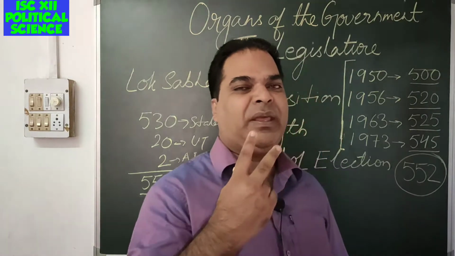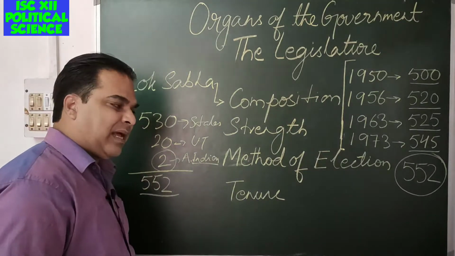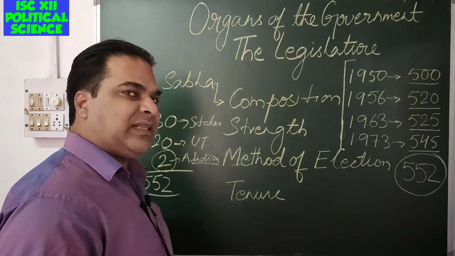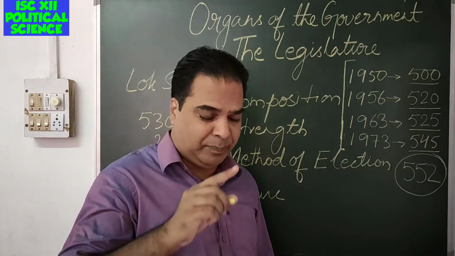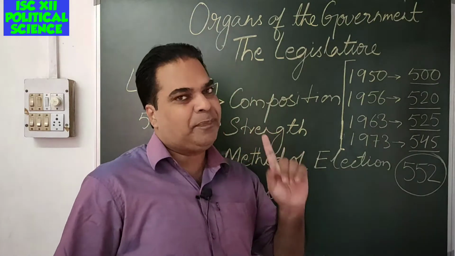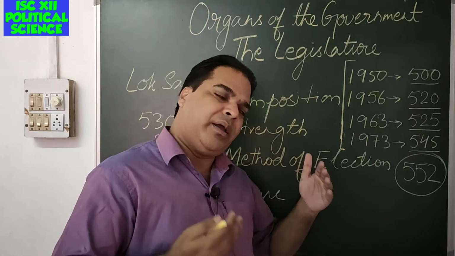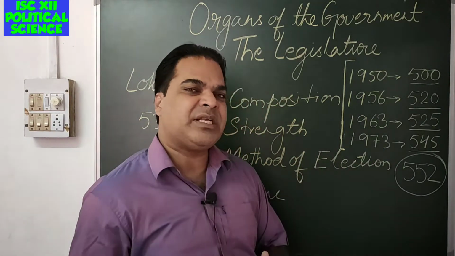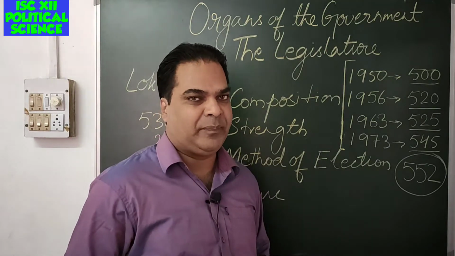So 2 are nominated by the president from the Anglo-Indian community, but there is a criterion: if the president feels that that particular community is not properly represented in the Lok Sabha, then only they can be nominated. If the Anglo-Indian community is represented properly, then these 2 nominations are not required.